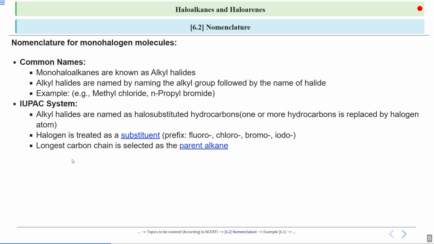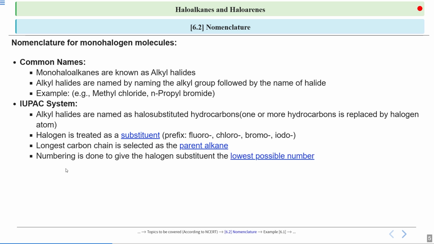The longest carbon chain is selected as the parent alkane. So in the IUPAC system, first we select the longest carbon chain existing in our structure, and we treat that as the parent alkane. Numbering is done to give the halogen substituent the lowest possible number.